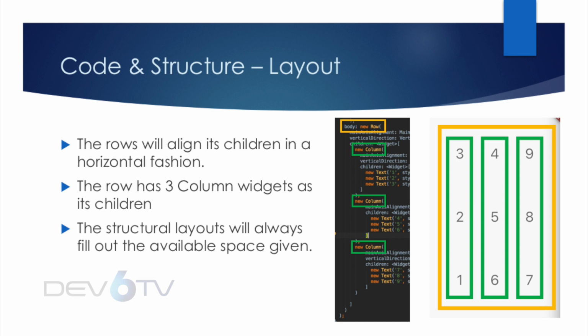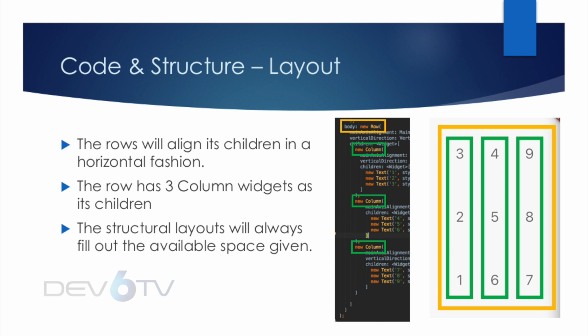Now, moving on to the layout. So this is essentially how a row and column layout will be set up. So you have one row parent here with its children widgets, each of them being a column. And then each of those columns have more children in them, which each has a text widget. So I've tried to highlight here the containers and how they're working.